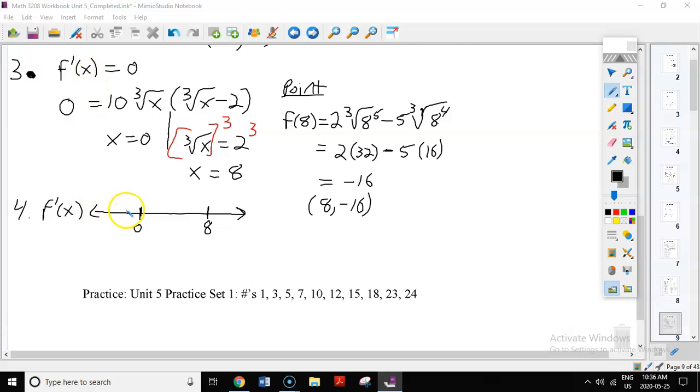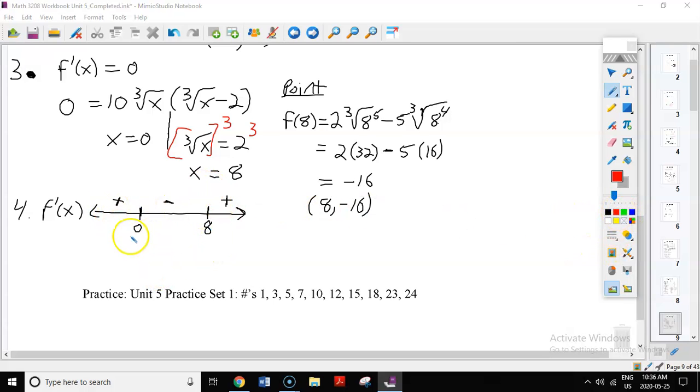So if I put in a negative number less than 0 in here, I will get a positive value, which means the slope is increasing. If I put in a number between 0 and 8 in here, I'll get a negative value. And then if I put in a number bigger than 8, I will get a positive value. Okay, so that means the graph is increasing, decreasing, increasing.